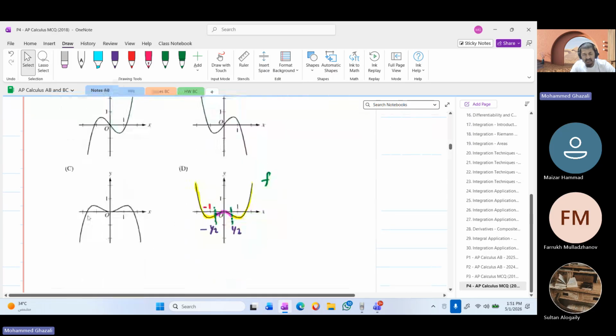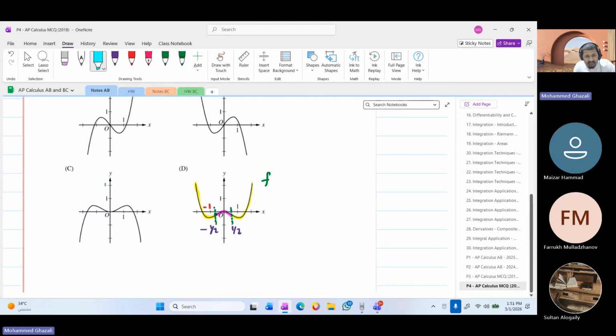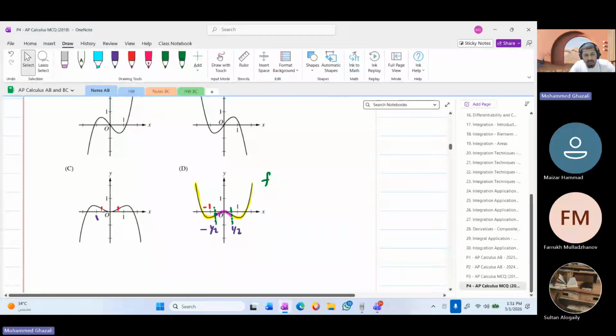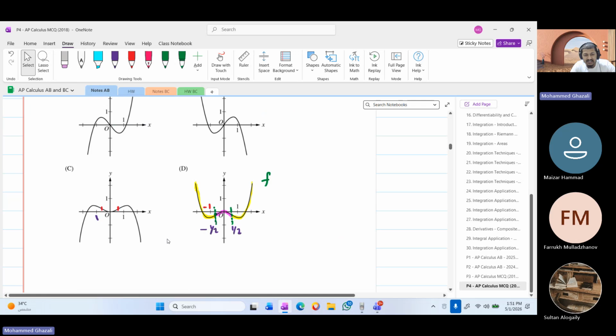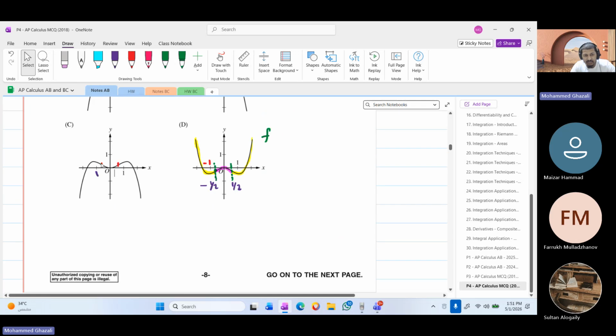Now, option C is telling me that between half and -half the graph is happy, which is wrong, because between -half and half the double derivative is below the x-axis, which means the graph is sad. It needs to be a sad phase between -half and half, but this is happy, so it can't be C. So the best option is D, and we'll choose D as the answer.